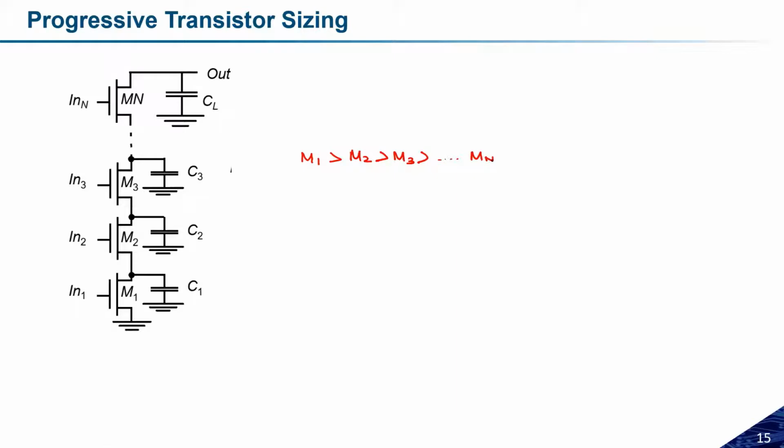So the transistor which is close to the output voltage must have the minimum size, and the transistor which is close to the ground must have the maximum size, so that we can reduce the delay. Okay, so this is the second solution to reduce the delay.